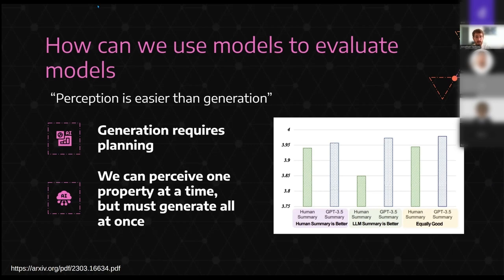We can perceive one property at a time, but when we generate, we must take them all into account. I'll give an example of that. I'm telling the model to be concise, to use all of the information from the mail itself, to not be toxic, and so on and so forth. I give it quite a comprehensive list of constraints, and it has to balance all of these out. And it's not so easy.